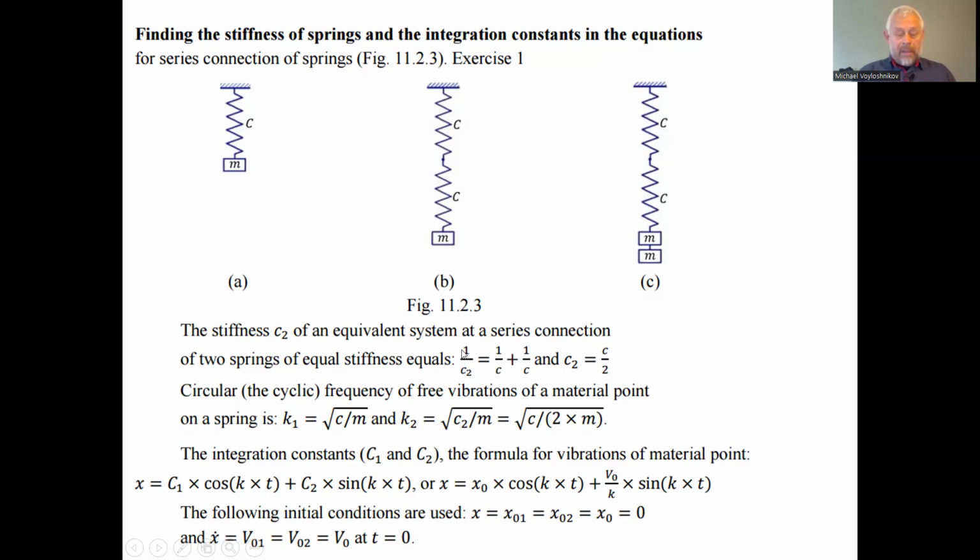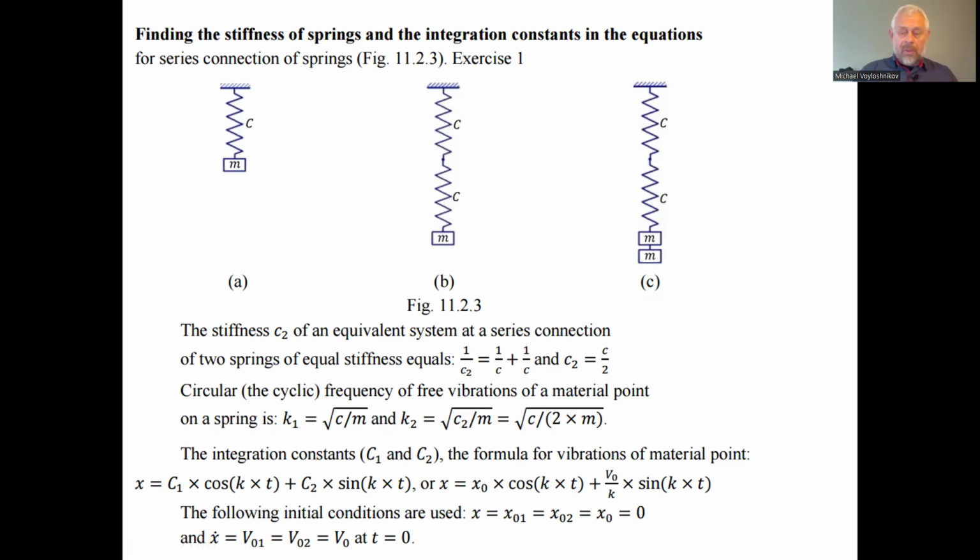So the fraction 1 divided by C2, the stiffness of the equivalent spring, equals the sum for the 2 equal springs. We can see that both springs have the same stiffness characteristic C. So as we substitute these two with one unit, after mathematical transformation the stiffness of the equivalent spring instead of these two springs will be C divided by 2. C is the stiffness of each spring connected in series.